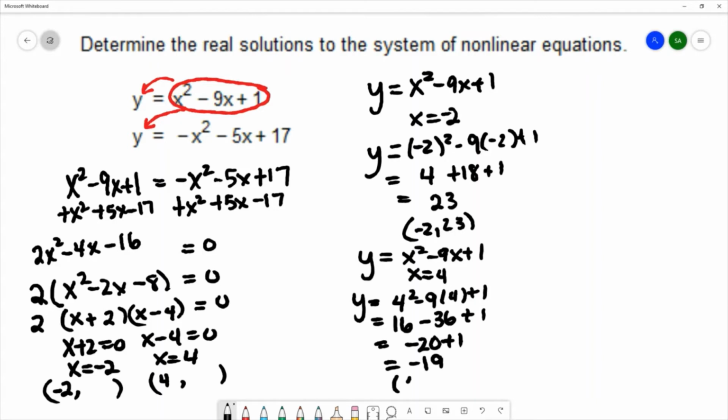And we have the ordered pair 4, negative 19 as the other solution. So we have solutions of negative 2, 23 and 4, negative 19 for this system of nonlinear equations.